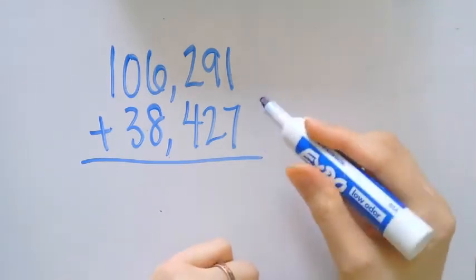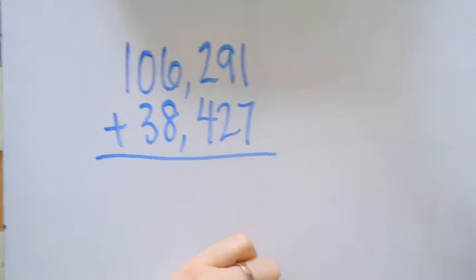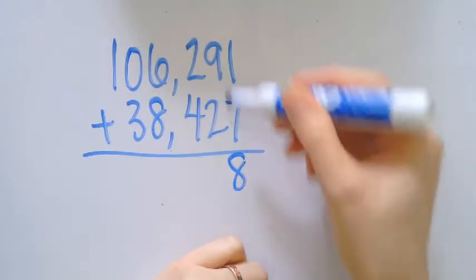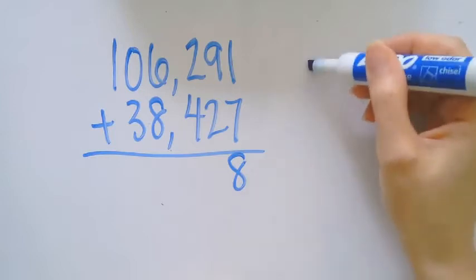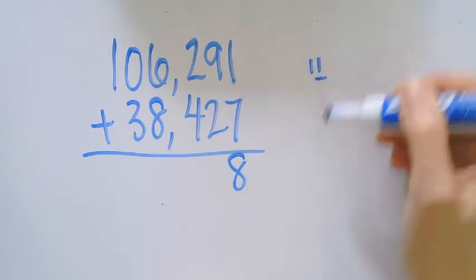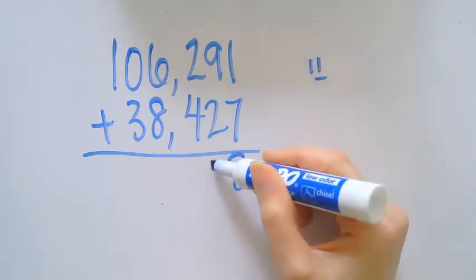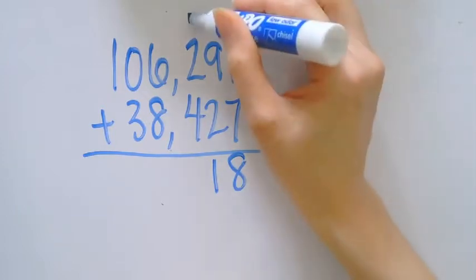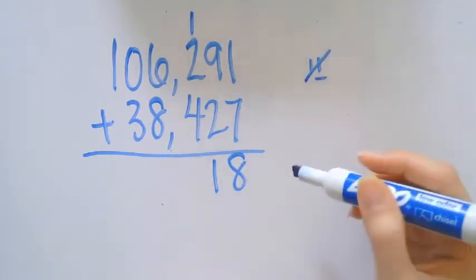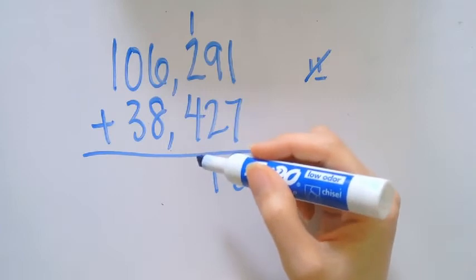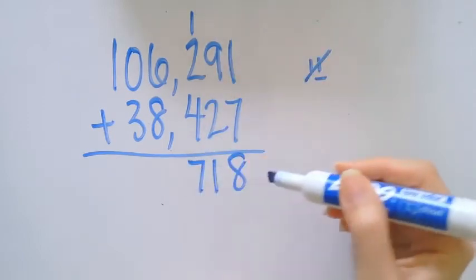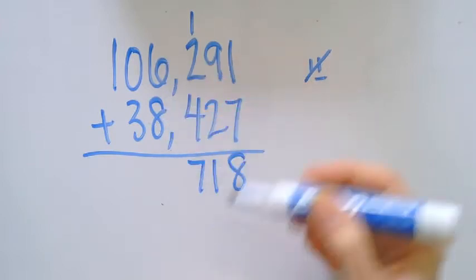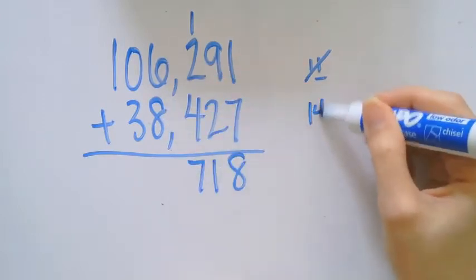1 plus 7 is 8. 9 plus 2 is 11. That 1 on the right side is in our ones place. The other one goes up top, next place. 2 plus 4 is 6. 6 plus 1 is 7. 6 plus 8 is 14.